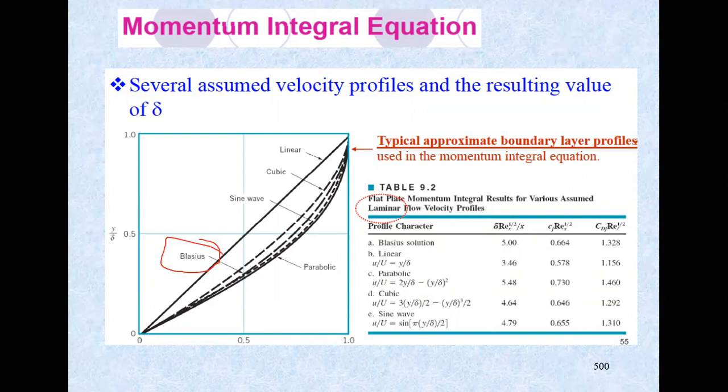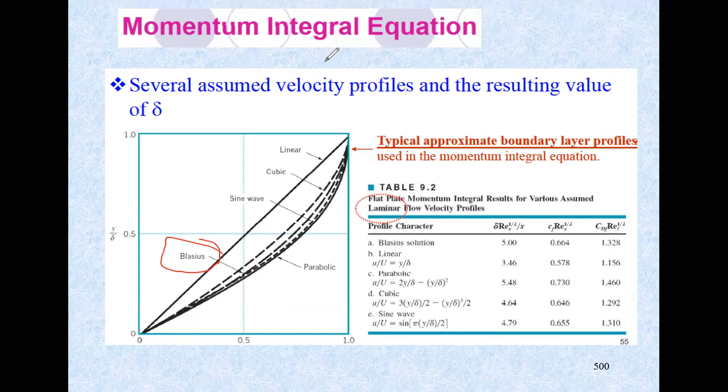The takeout from here is if you're given a boundary layer problem, you can solve it using the Blasius solution if it is laminar on a flat plate. But if it is a different case, then you can use the momentum integral equation.